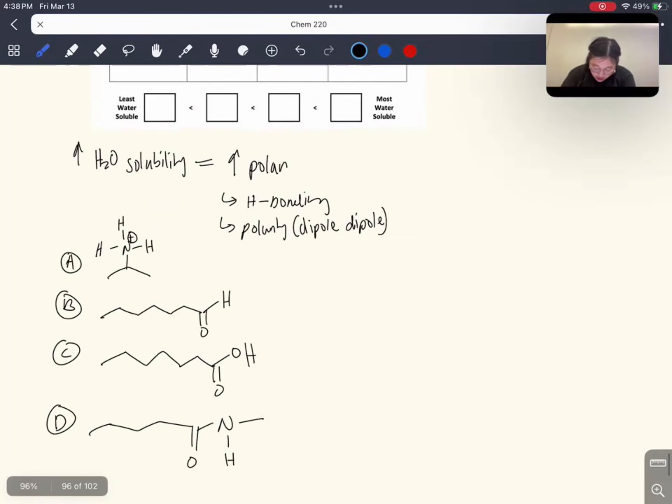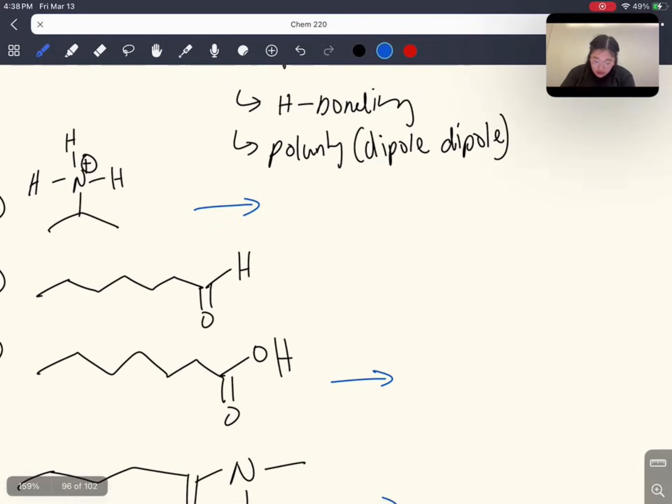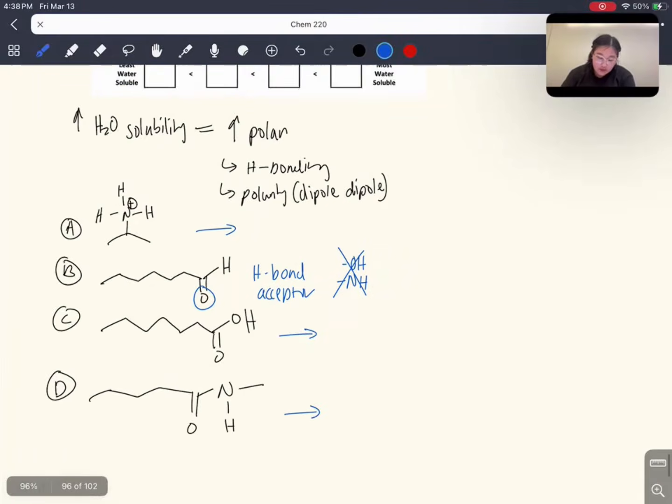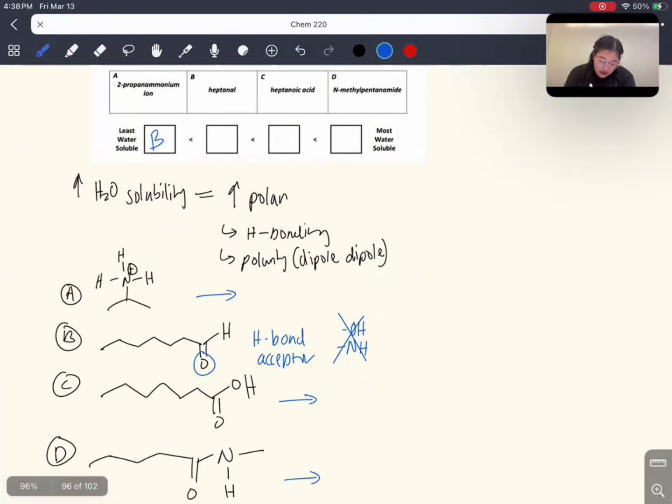The ones that can be both H bond acceptors and donors are A, C, and D. B can only be an H bond acceptor because you have the electronegative oxygen, but it doesn't have a hydrogen directly bonded to an electronegative atom. It doesn't have H bonded to an O or H bonded to an N. So therefore, B is going to be the least water soluble.